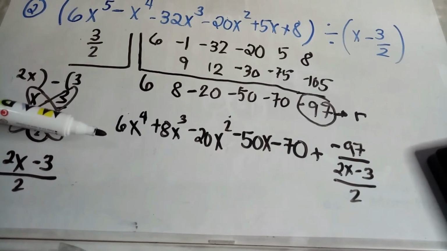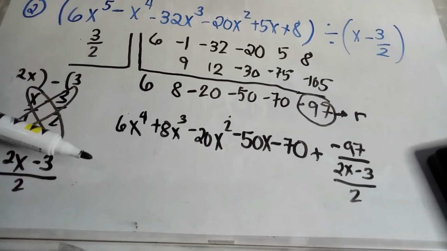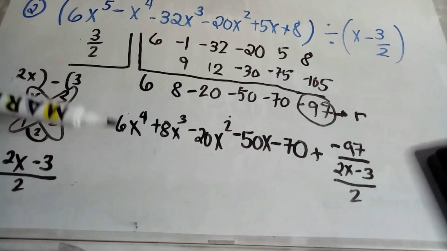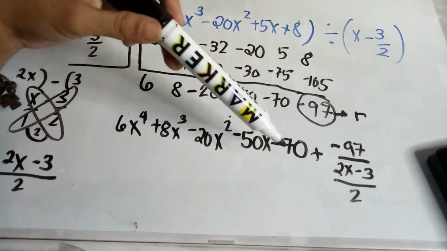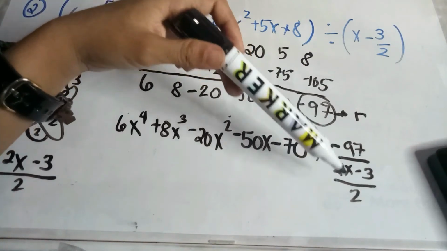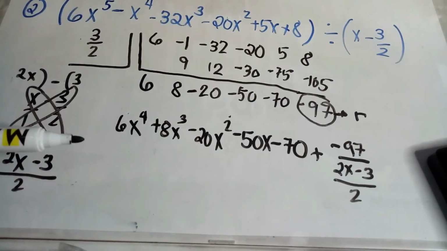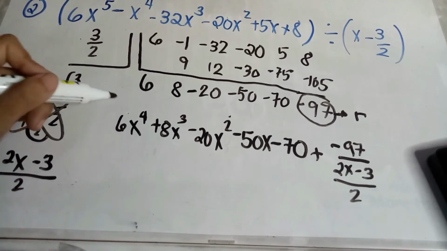So just take a look at the answer. Always make sure that it is in the simplest form. So as you can see in this quotient, 6, 8, 20, 50, 70, and this one is divisible by 2. So you need to divide it by 2 or just multiply it by 1/2.